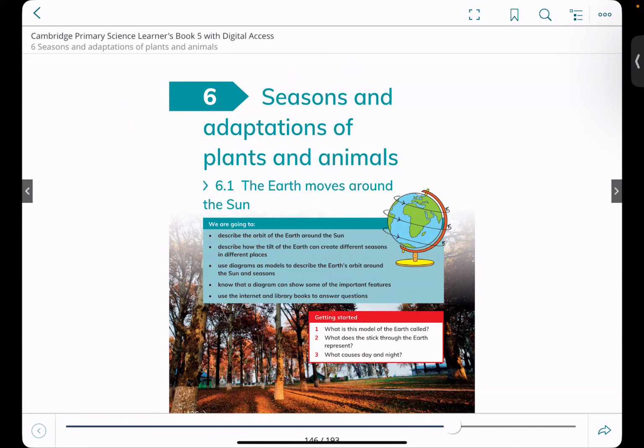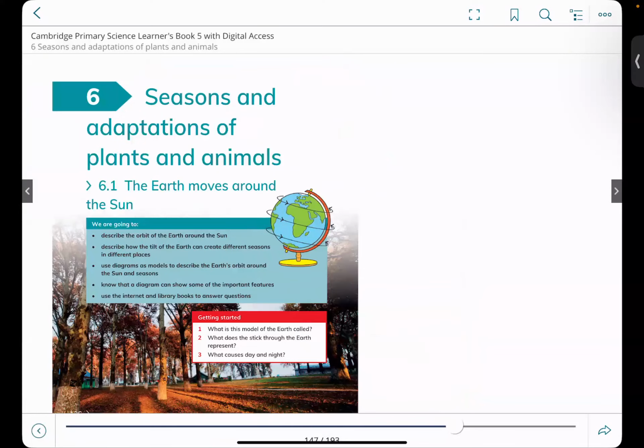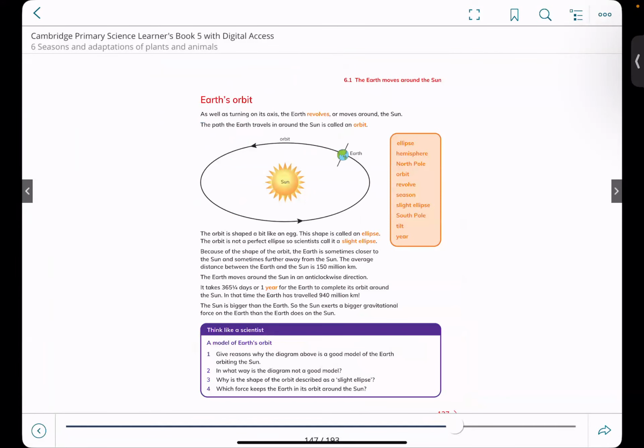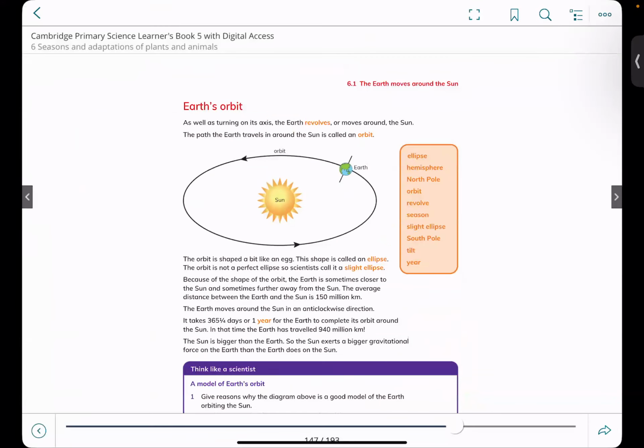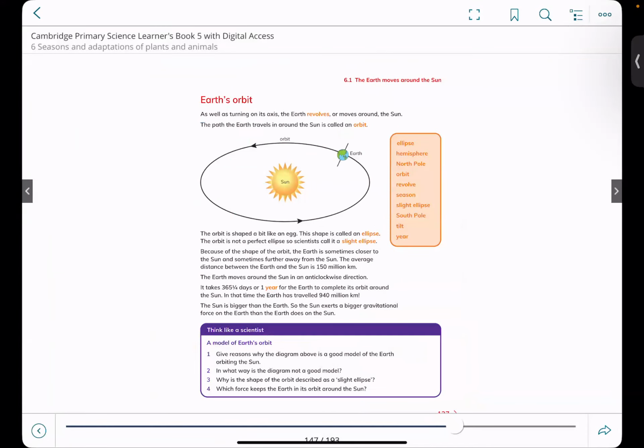So the first topic is the Earth's movement around the sun, and this is how exactly it is. We will be focusing a lot on keywords like what is orbit, what is axis, and details like Earth is rotating on its axis and it is revolving around the sun in a fixed orbit.